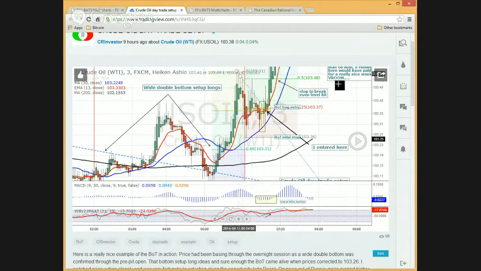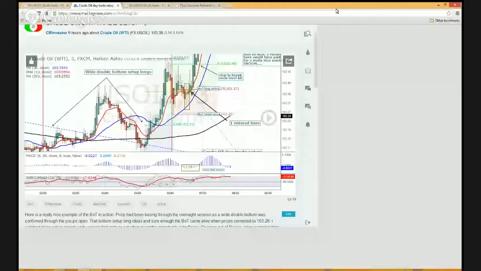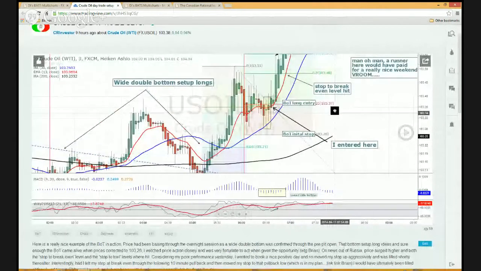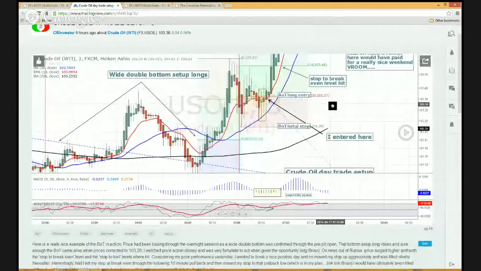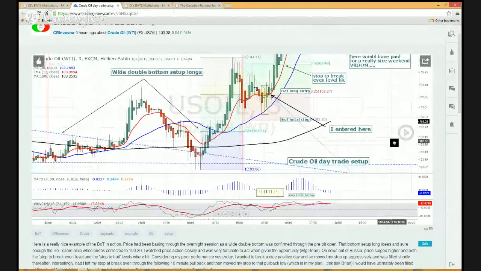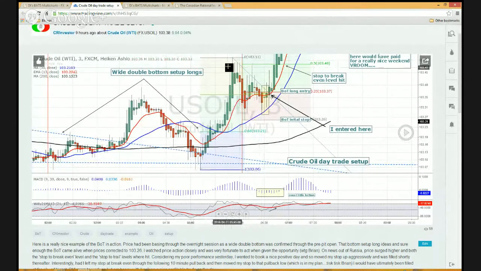So this distance, and this really isn't the best chart to use, unfortunately. These published charts don't give you that much room. But anyway, this distance here, and this is crude oil specifically, was 103.51 to 103.06. So that's not bad, that's like 45 ticks. Nice simple rally, 45 ticks. And the concept is that that's not the whole move. That's only half the move.